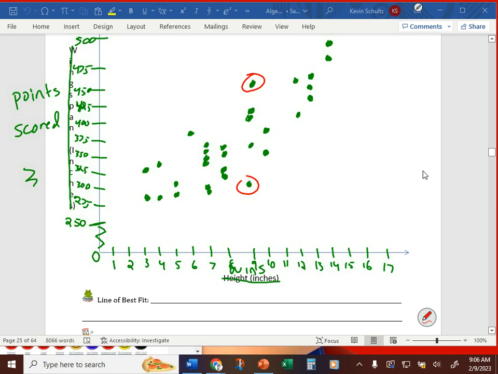But when we look at a scatter plot, there's a definition down here called line of best fit. These points don't make a line, but what a line of best fit does, Will, do you know? Oh, anyone know what a line of best fit is, or can you kind of guess what it would be? Yeah. Kind of like the average.